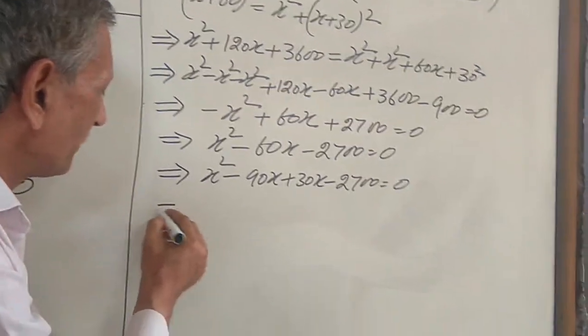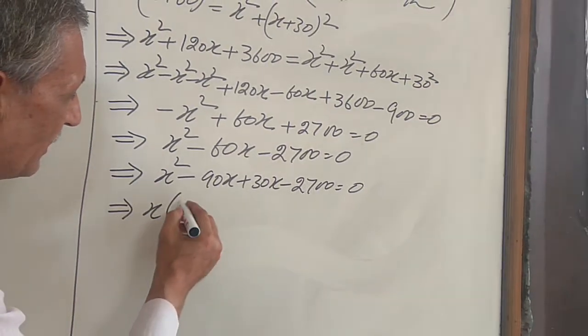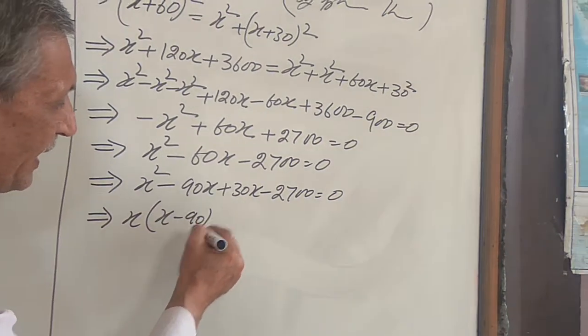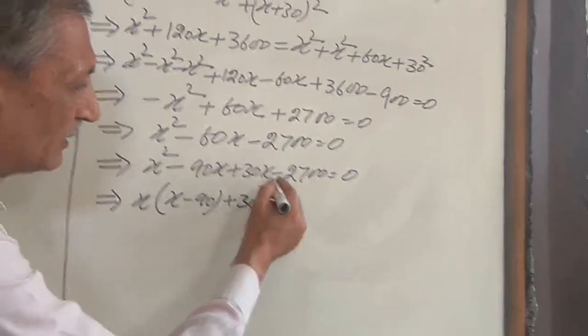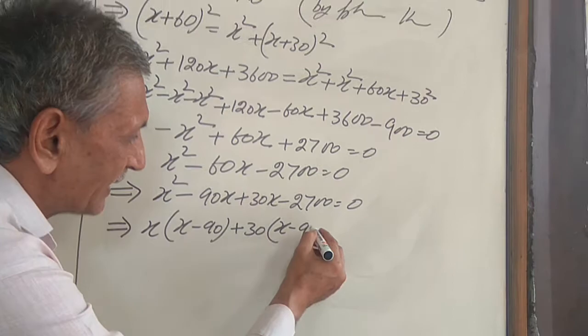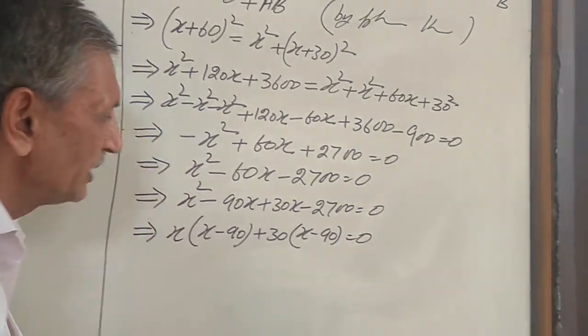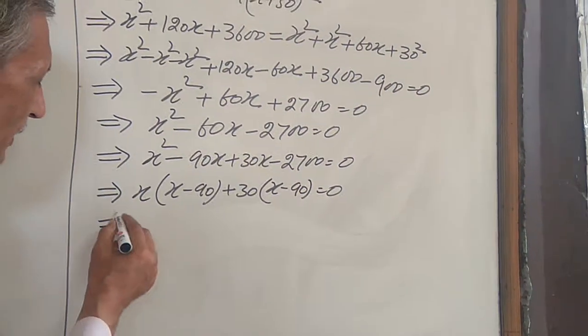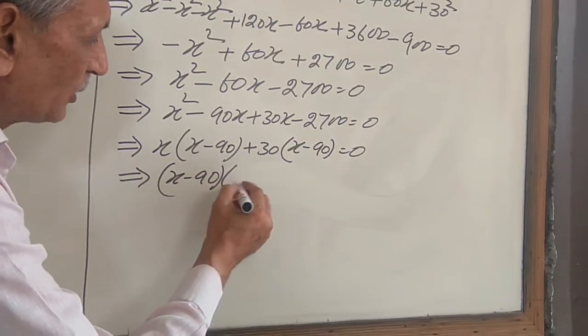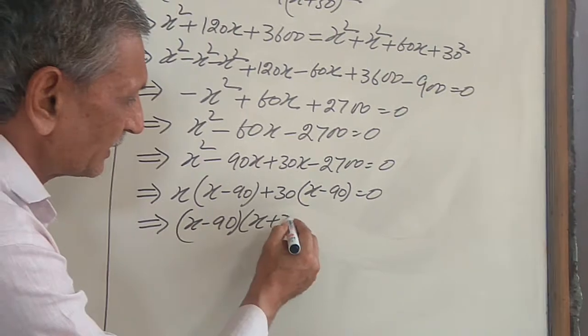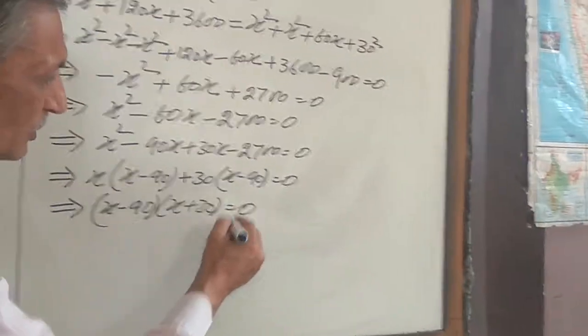This gives you common x minus 90. From here you take out 30. This gives you x minus 90 is equal to 0. Therefore, you get x minus 90 into x plus 30 is equal to 0.